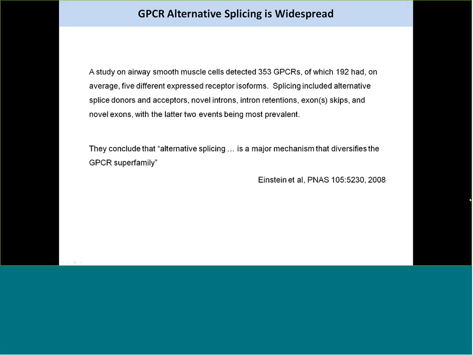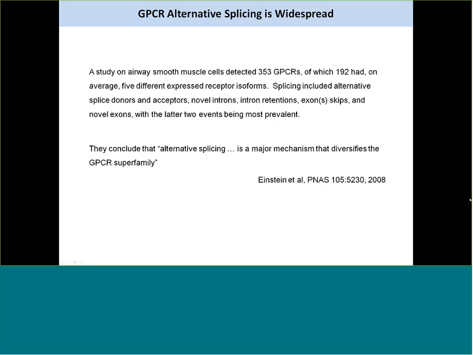To give you some idea of the extent of alternative splicing, perhaps in an area other than the opioids, I took this paper from Einstein et al. from 2008, where they looked at smooth muscle cells in airways and did a random search for all GPCRs, and they found 353 expressed in these cells.